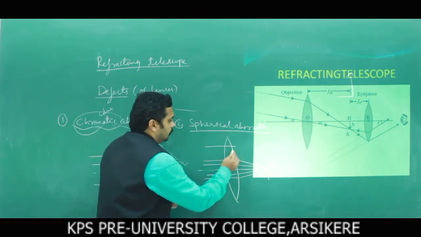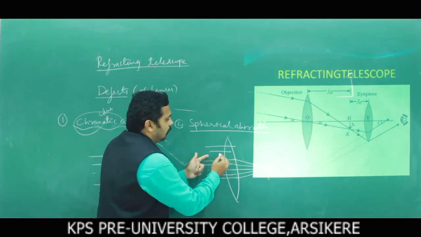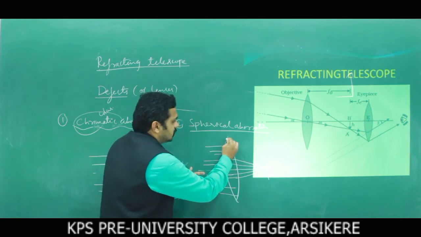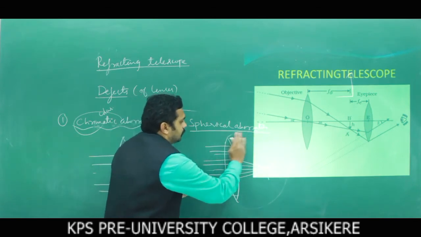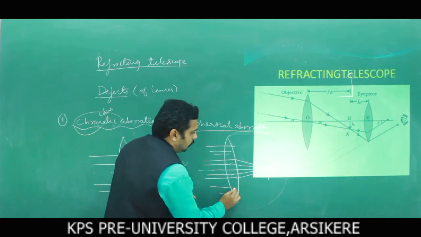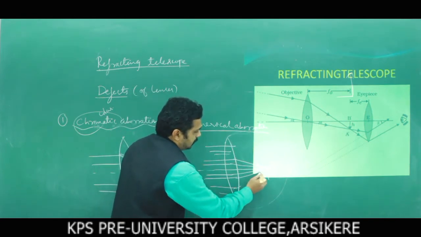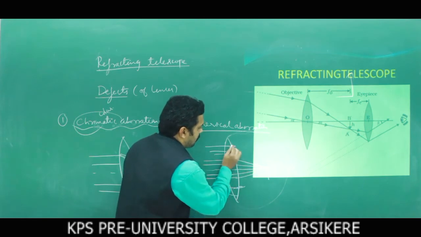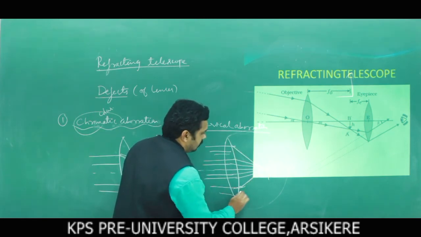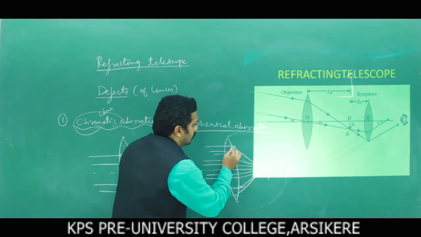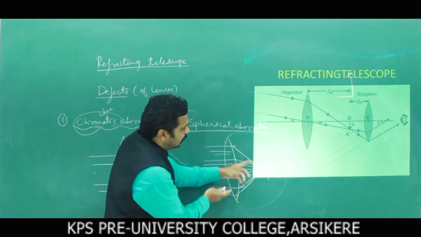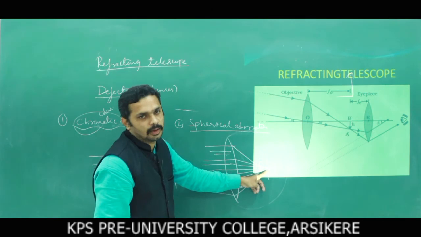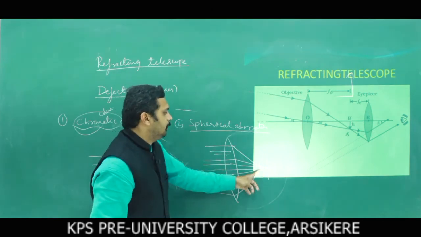If you go above, because this is a spherical lens, a part of a sphere, then it meets here. Suppose the rays passing through the middle part focus here; if you go above, they meet here.